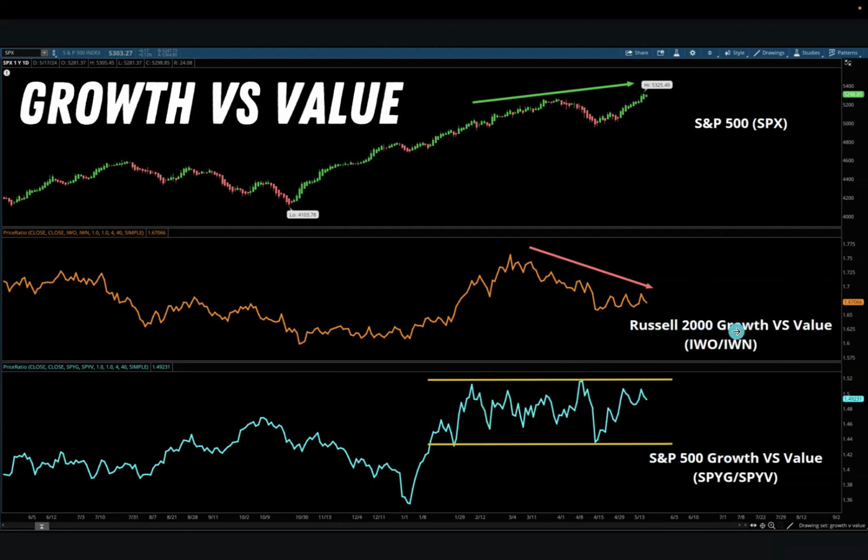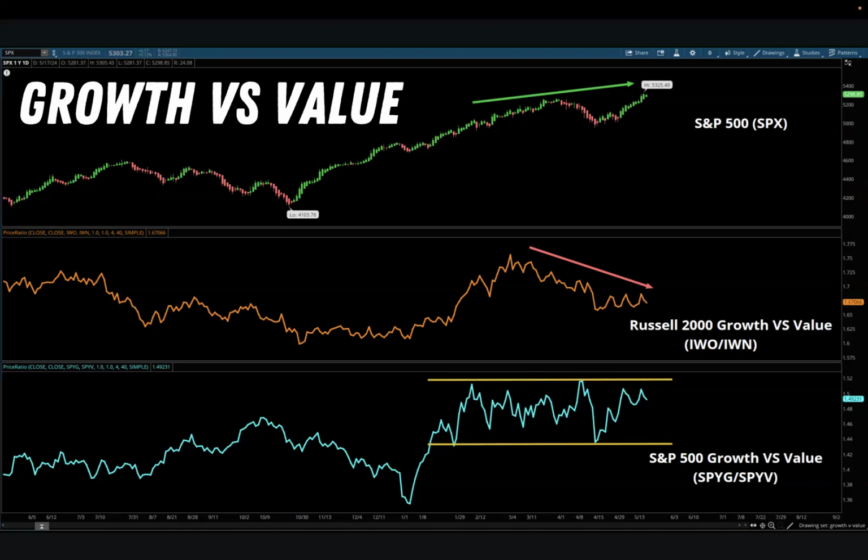Same thing here with the Russell 2000. Here we're seeing a lot of sideways movement because the market rally that we've been seeing has broadened out a lot. We've been seeing a significant rally in staples and utilities and some of the more defensive and value areas of the market, while some of the growth names have been consolidating a little bit or even pulling back over the past month or two.